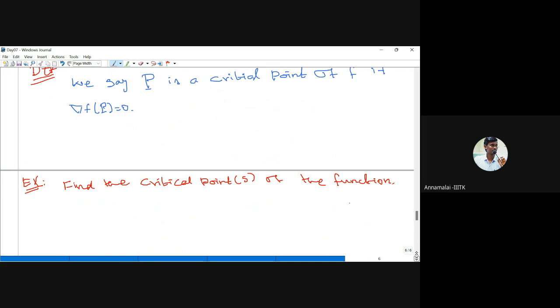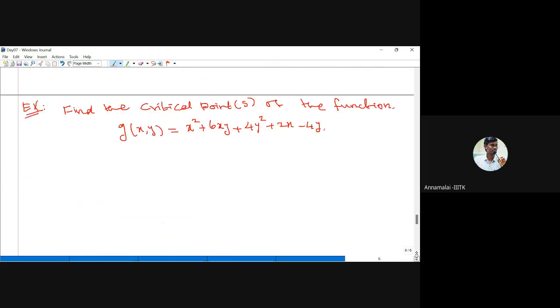The function g(x, y) is x² + 6xy + 4y² + 2x − 4y. So there are two independent variables x and y.